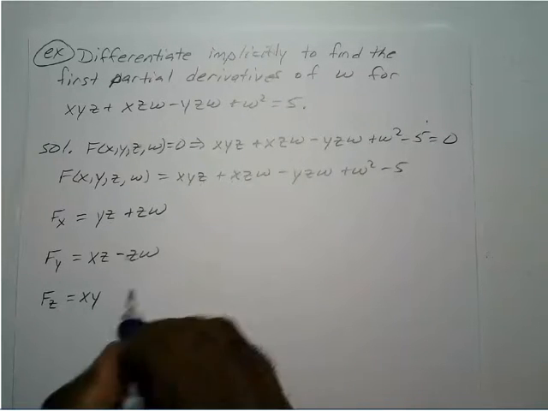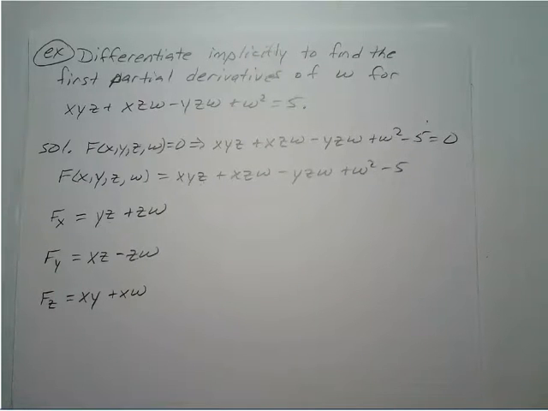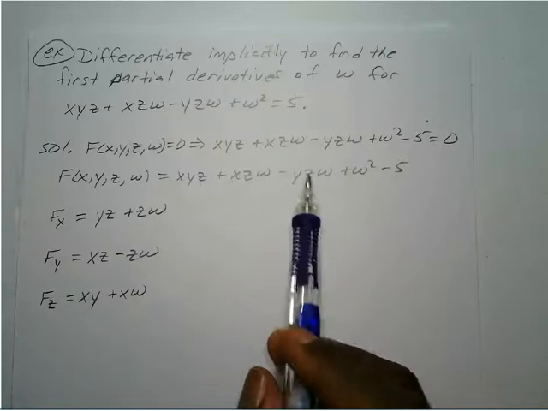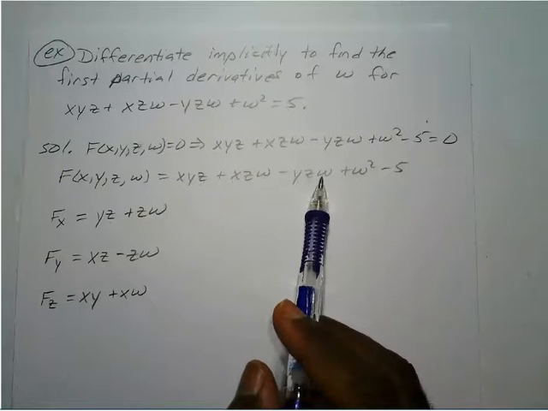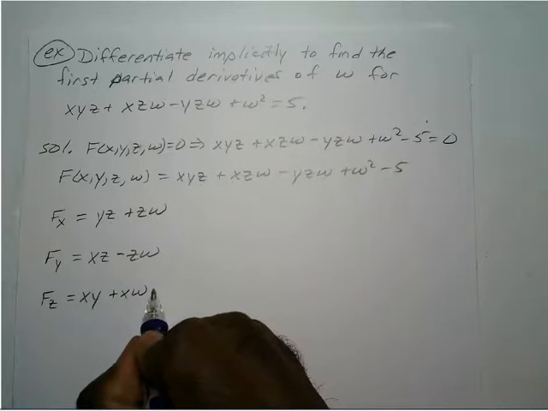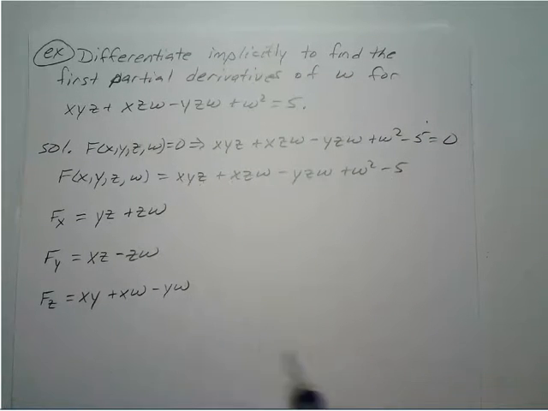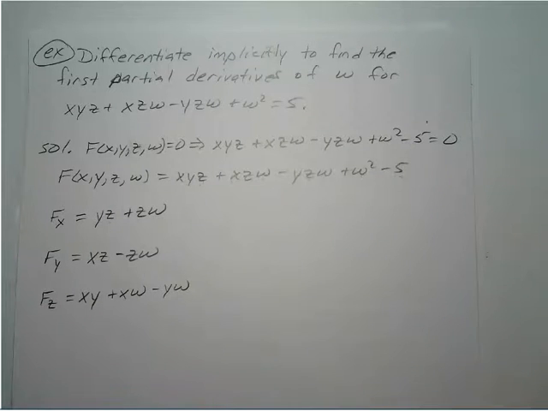Derivative of z is 1, so you have plus xw. Here, you notice the z, you have the y and w, they're both considered constants. They move out, so you end up with minus yw. No z here and here, so it's just the derivative of a constant, so there's 0.